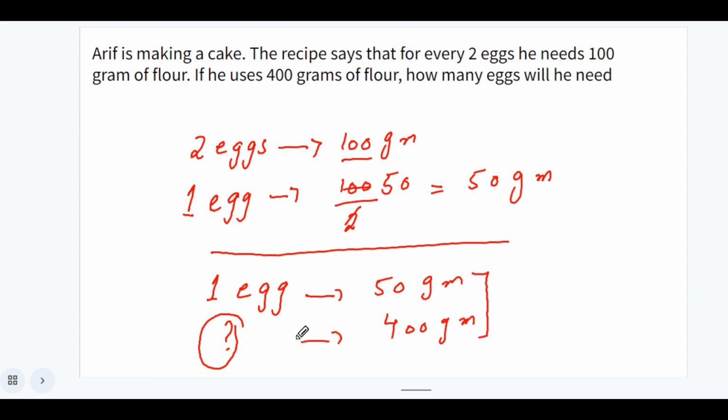When you are given the same unit and you need to find the other unit, you need to divide total grams by each, that is 50 grams. Look at this, gram is going to be cancelled with gram, so your answer will be in which unit? Eggs. So 5 times 8 is 40, so the answer will be equal to 8 eggs.